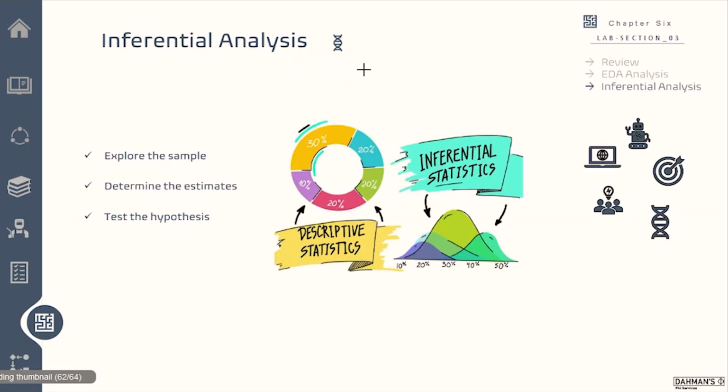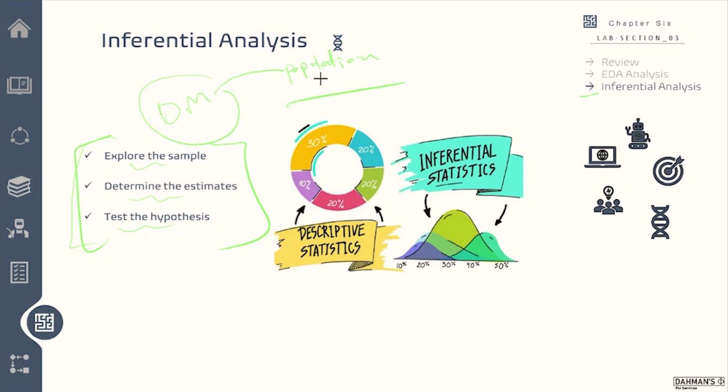And finally, once we come up with a result and say something about what we have, and we deliver answers to the research questions, we will use inferential analysis to explore the sample, determine the estimate, and test the hypothesis, to see whether our descriptive model makes sense from the population perspective, and not only from the sample that we have at hand.